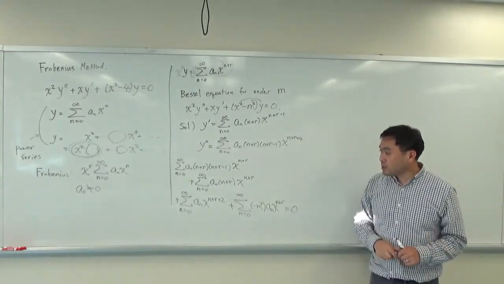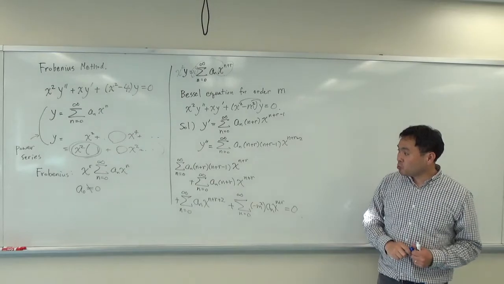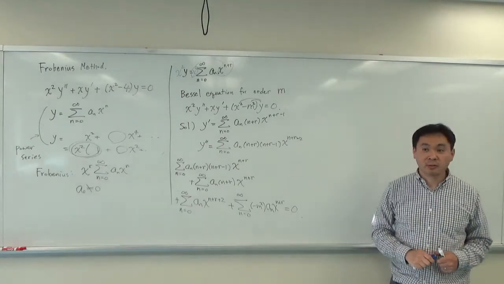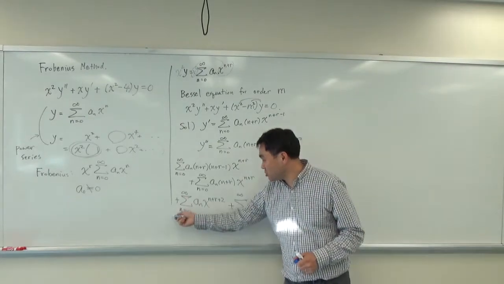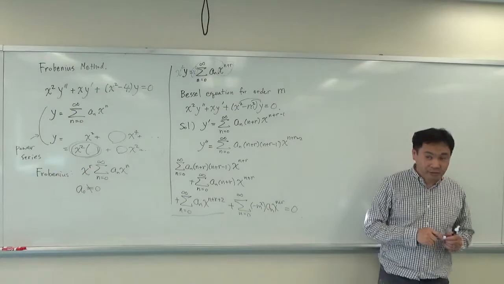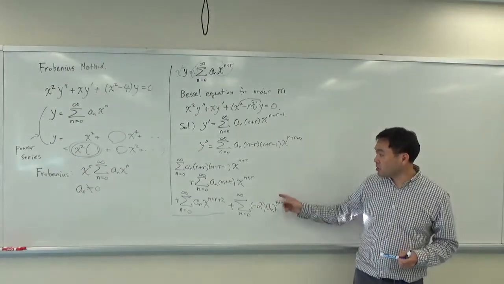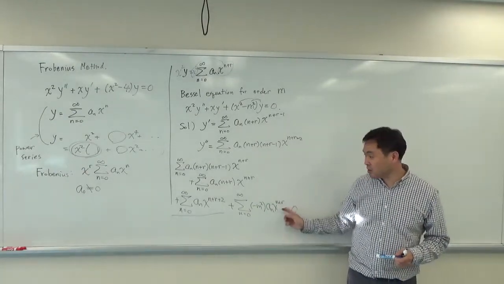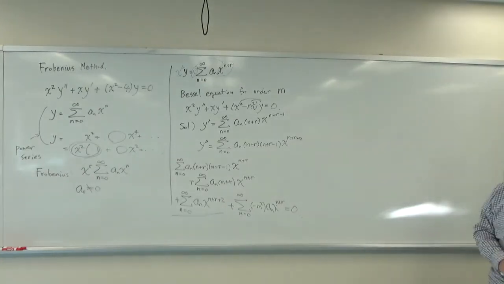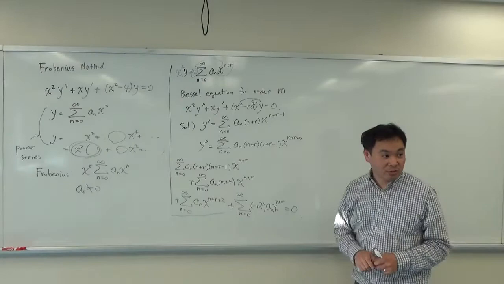Now, looking at this, which one of these needs to be shifted? The third term. This has to be shifted, right? Why? Because there's a plus 2 there. Everyone else has x to the n plus r, but this has plus 2. So that's different, so that's the one that we should shift.